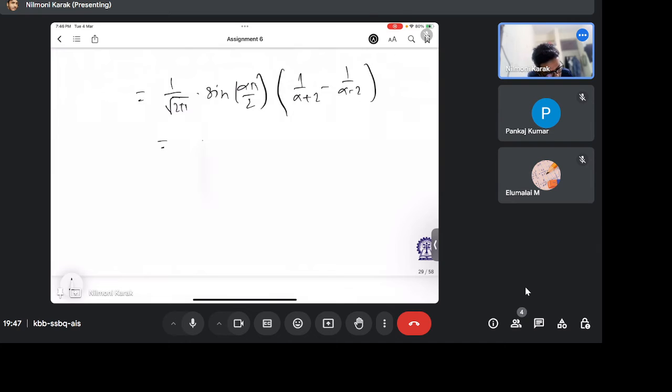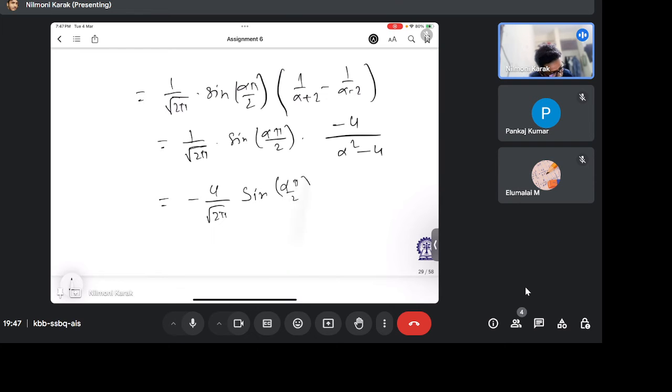This is also 1 by root 2 pi sine alpha pi by 2 times alpha minus 2 minus alpha minus 2, over alpha square minus 4, which gives minus 4 by root 2 pi sine alpha pi by 2 divided by alpha square minus 4.